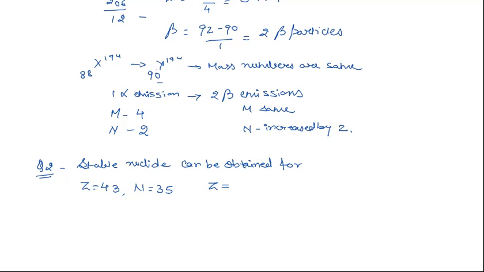Likewise, Z is equal to 61, N is equal to 89. This is the first option, the second option, the third option, that is A is equal to 8 or 5, or D, A is greater than 209. So stable nuclides cannot be obtained for, sorry students, the question is cannot be.